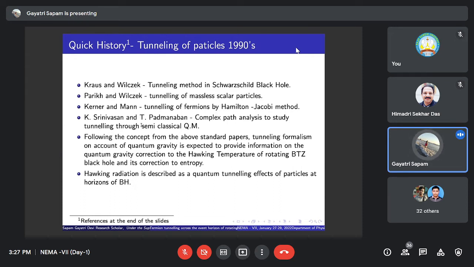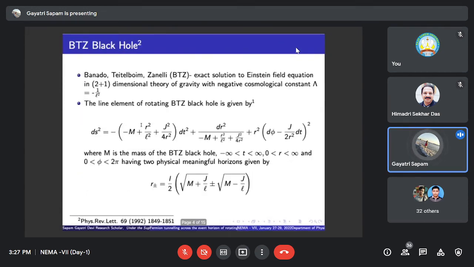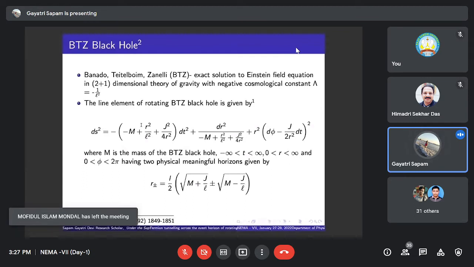So let's go into the calculation part of how we will get the Hawking temperature, and how it is affected when we consider the quantum gravity effect. I use the BTZ black hole in this particular talk.